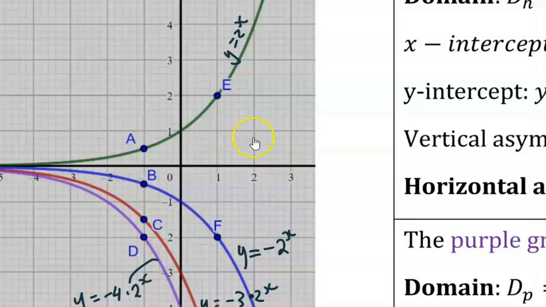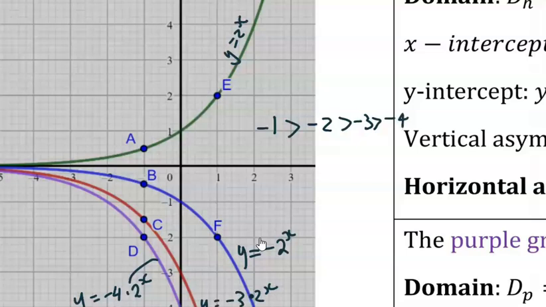Note that the 2 to the x is plus x, plus x, plus x. And because of these values, remember that -1 is greater than -2, is greater than -3, is greater than -4.